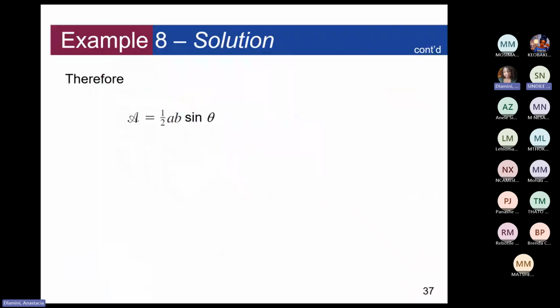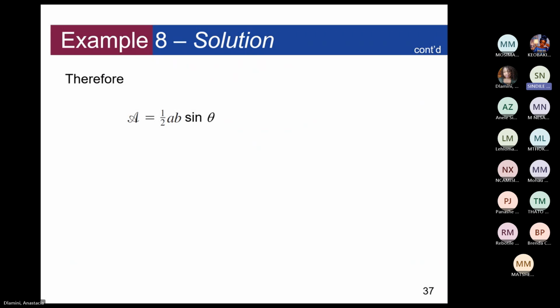Any question? What I want to ask, ma'am, is that with the acute triangle, you have to draw a line from the head to make it perpendicular, and then you'll use the height of it.